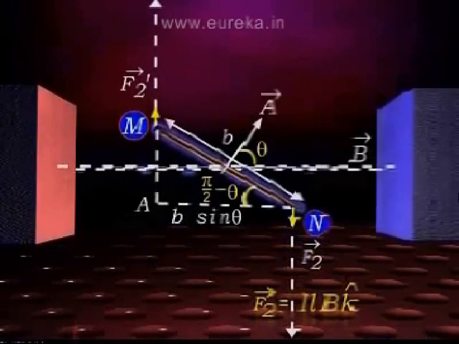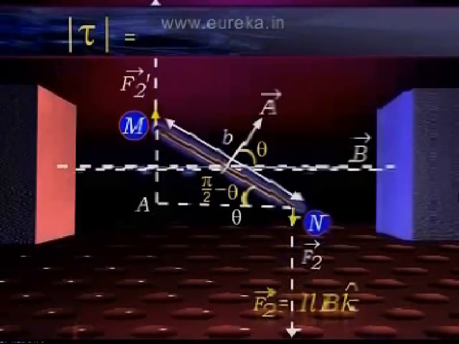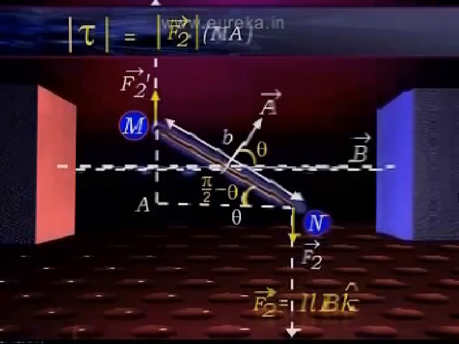Viewing the coil from above, vector F2 dash, the x-axis and vector A are seen. By definition, torque is equal to the magnitude of one force, modulus vector F2, multiplied by the perpendicular distance between the two forces, which is MA.